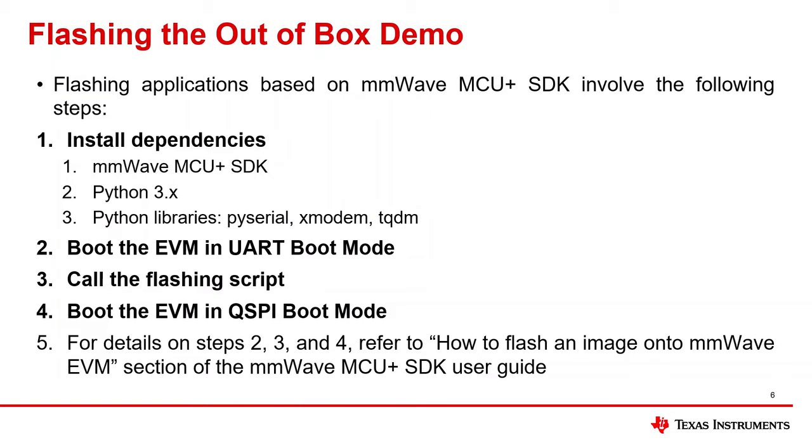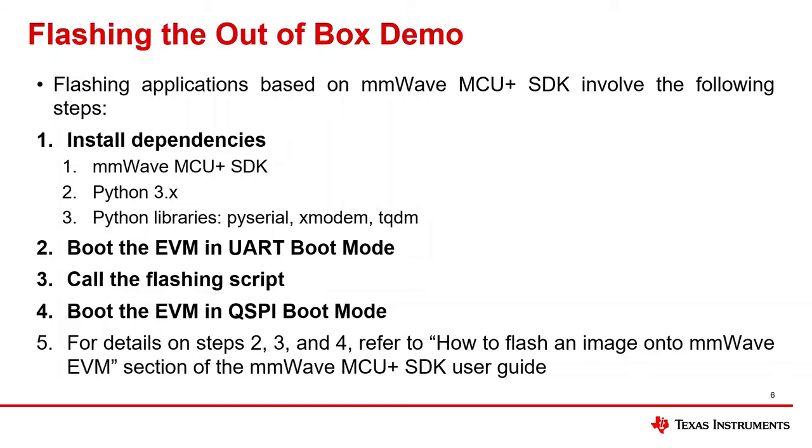Flashing applications based on the mmWave MCU Plus SDK involves the following steps. The first step is to install the dependencies. Then the EVM needs to be booted in UART boot mode, which allows for flashing to happen.